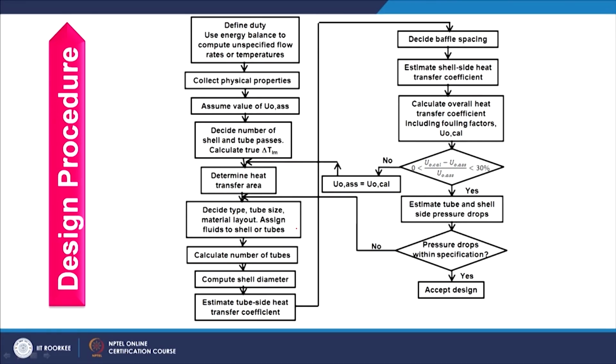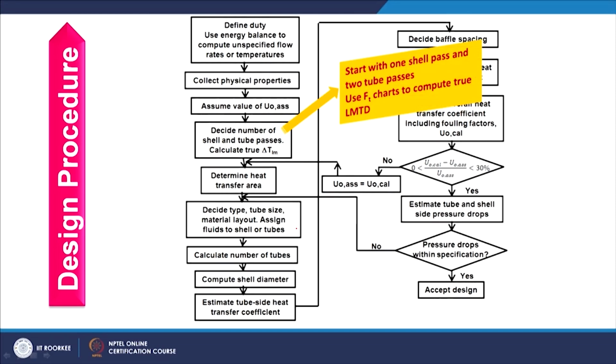Now, once you have this overall heat transfer coefficient, next you have to decide the shell and tube passes. To decide that, the basic design says that the passes should be 1-2 for the initial guess, right. So, initially you will assume 1 shell and 2 tube passes, and if the criteria are not met, you have to increase the passes, either shell side or tube side or both, fine.